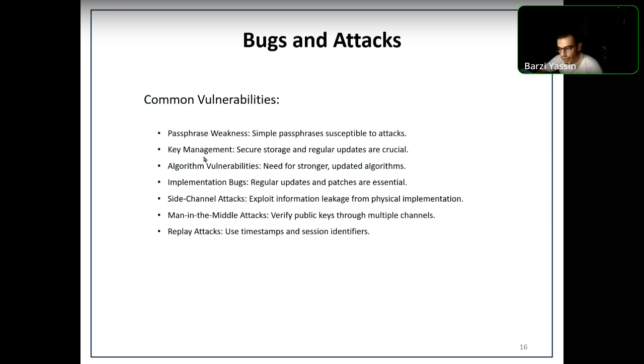We have to be aware of what key management software or anything we use to save our keys. Secure storage and regular updates are crucial. Algorithm vulnerabilities: there is a need for stronger, updated algorithms. For example, if we have an algorithm, we had better change it over time, not using the same algorithm all the time.